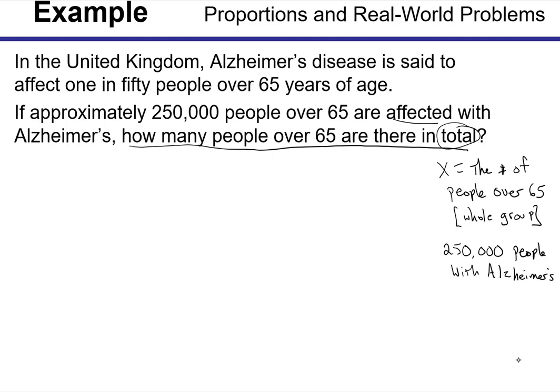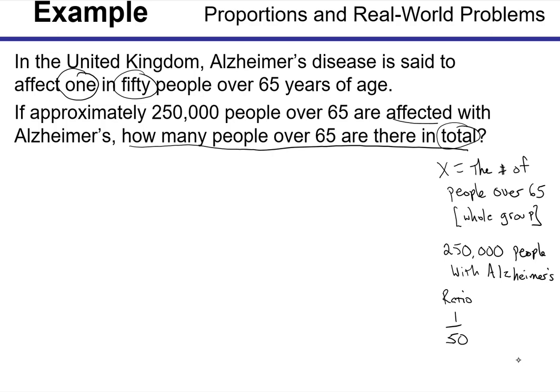Okay, now there's one more fact here. There is a ratio, a comparing of two things, 1 in 50. Okay, so we have a ratio 1 in 50. Now this is much better than the problem about Oscar because the 1 is much more obvious.